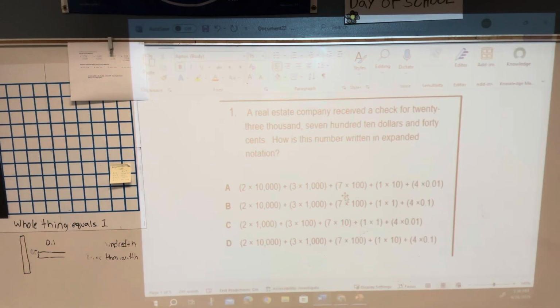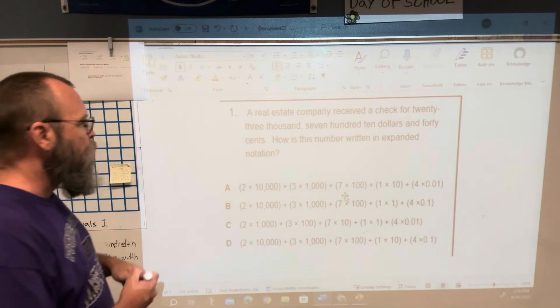Spiral Review 7, problem number 1. A real estate company received a check for $23,710.40. How is this number written in expanded notation? Well, the first thing I would do is write it out in standard form, number form.